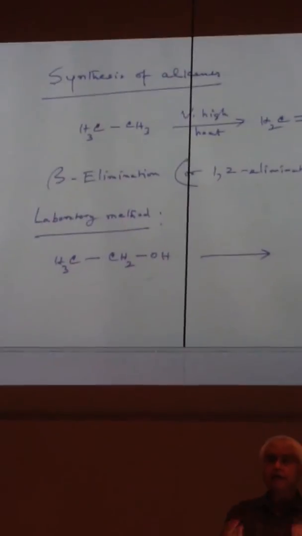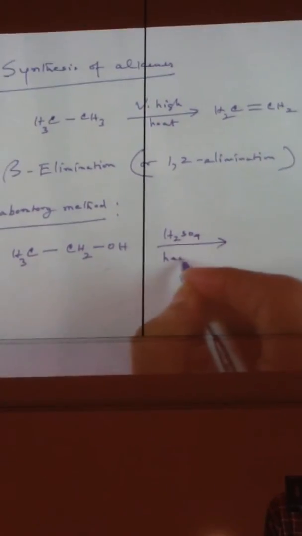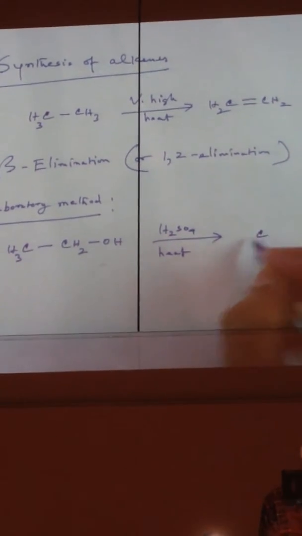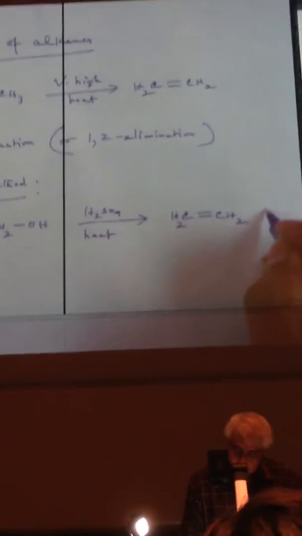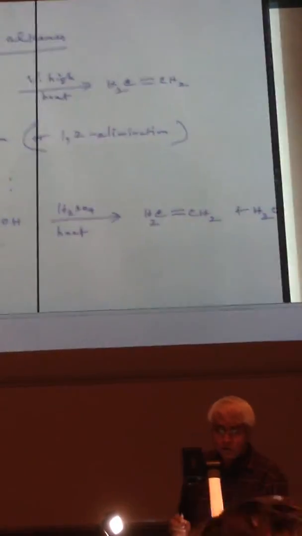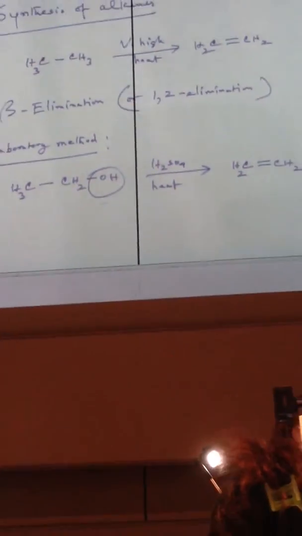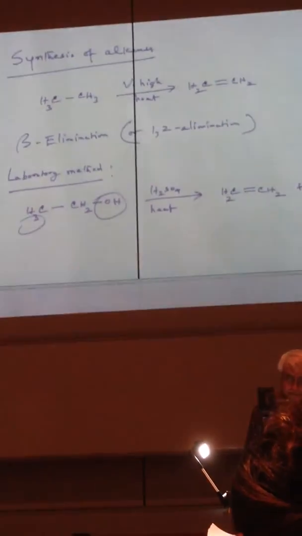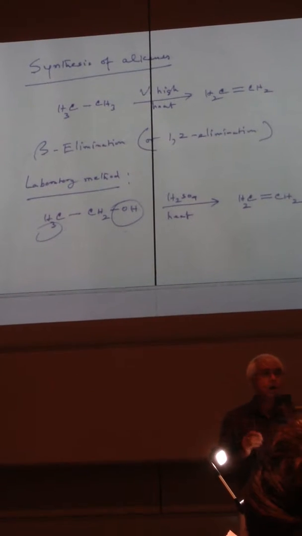From ethanol, what you need to do is provide an acid such as sulfuric acid and heat it, and that is going to generate the alkene. So what was actually done here is to remove this OH group, okay, and one of the hydrogens from here. So that's why these are 1,2 elimination or beta elimination.